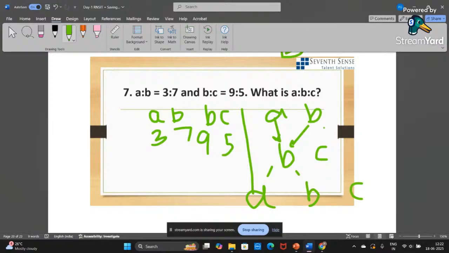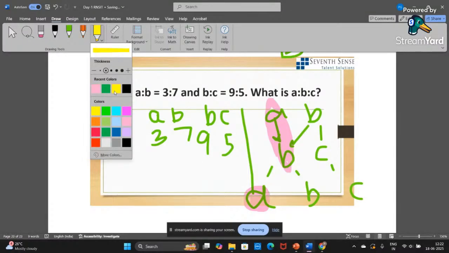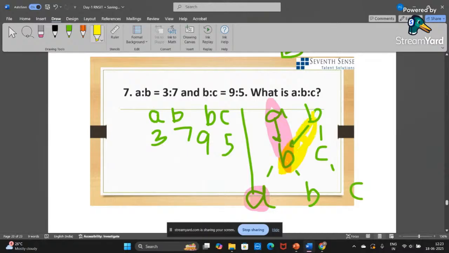To get C value, just multiply this with this.